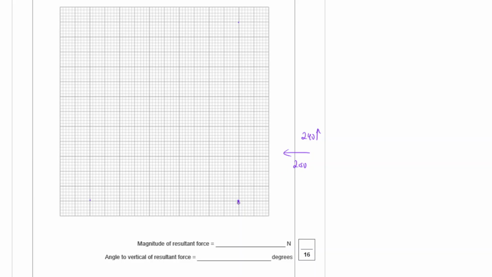So if I count from here, 1, 2, 3, 4, 5, 6, 7, 8, 9, 10, 11, 12, all the way up to here. So if I draw a straight line, it doesn't turn out straight. Let me redraw that.